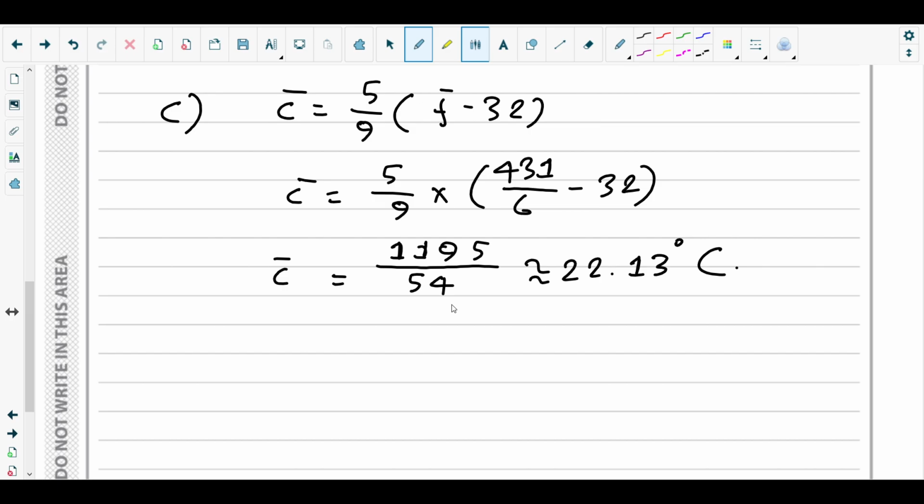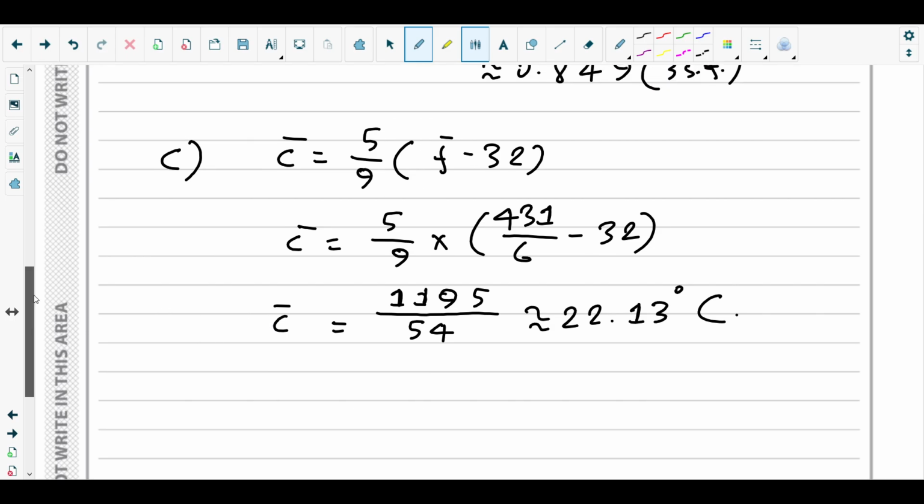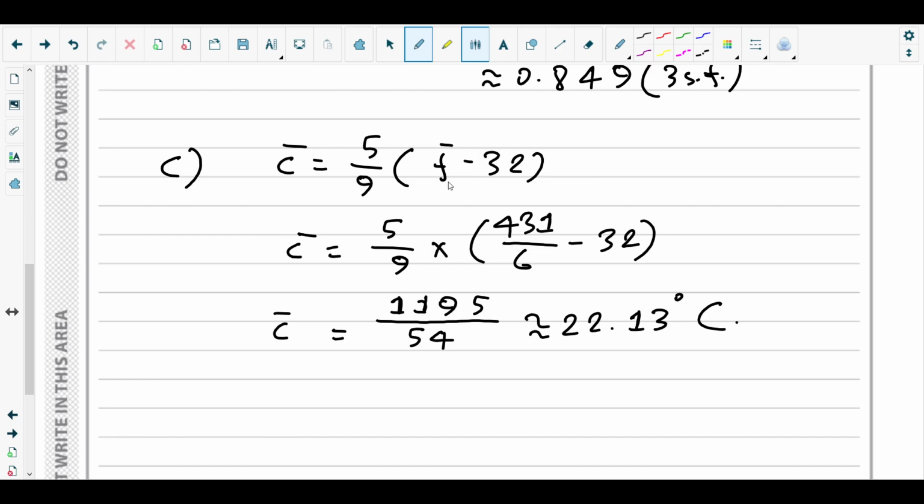Here the 32 has been subtracted from F, so it will not affect the standard deviation of the Fahrenheit. But 5/9 is the multiple, multiplied with F, so the standard deviation of the Celsius scale will get changed by a multiple of 5/9.